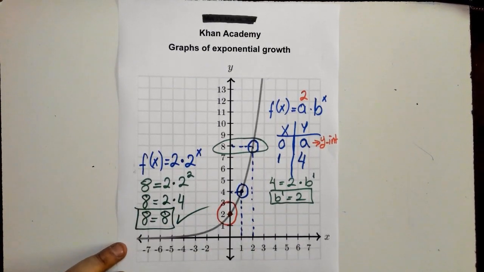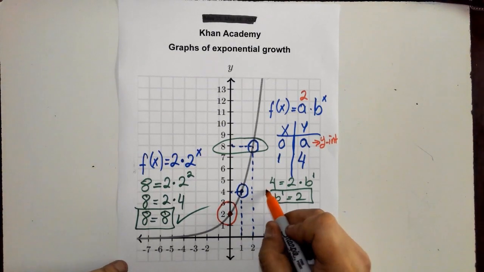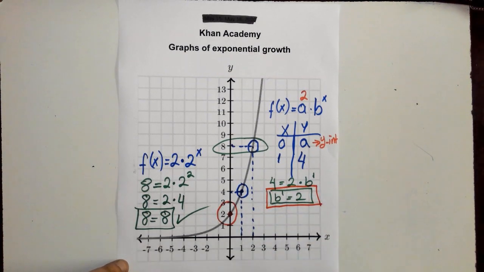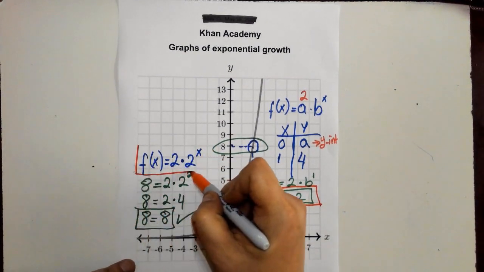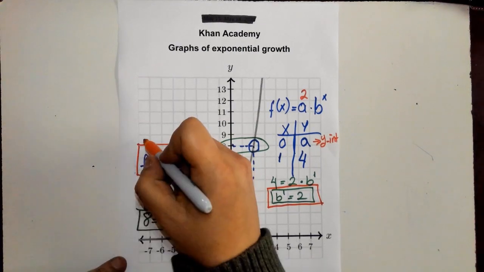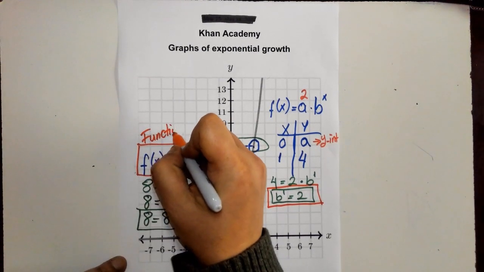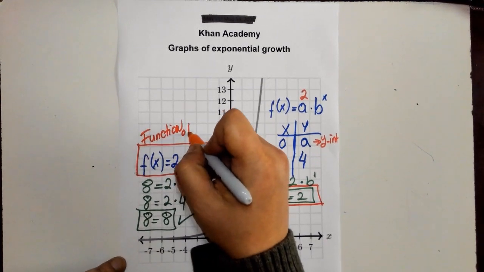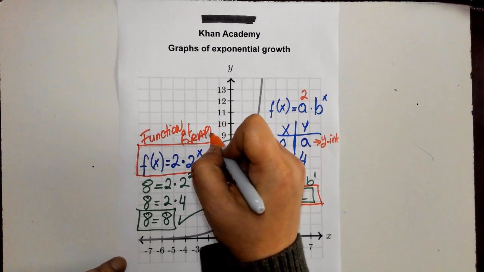Correct. So what this tells me is my b value is 2. And the function of this graph would be f(x) equals 2 times 2 to the x power.